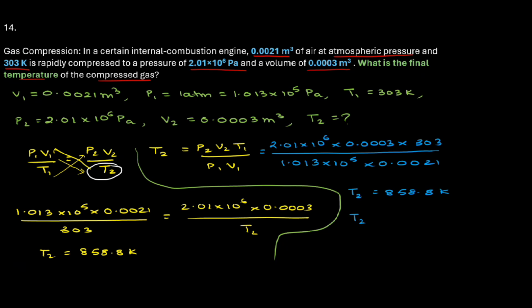If they ask you to find the final answer in one significant digit, or if they ask you to round this to the nearest 100, you can round off your temperature T2 to 900 Kelvin, which I can also write as 9 times 10 to the power 2 Kelvin. And this is if they ask you to find your final answer in one significant digit.